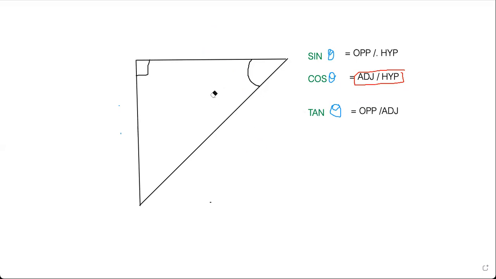Yes. For example, this is the triangle. Let's change it. For example, this angle is given, which is 45 degree. And this is given 6 centimeter, and this is given like 8 centimeter.